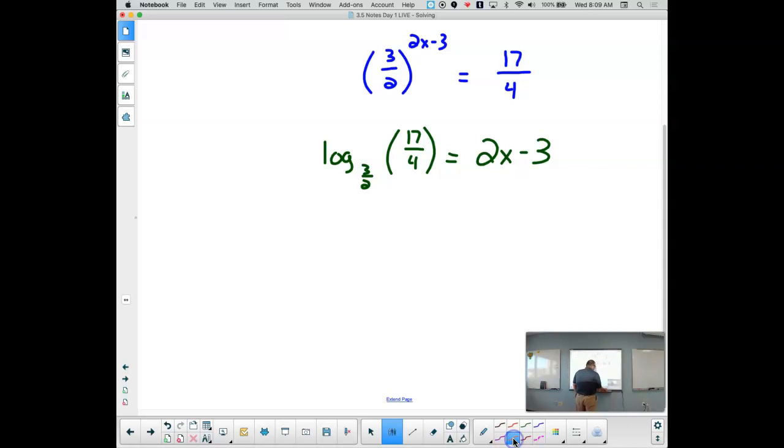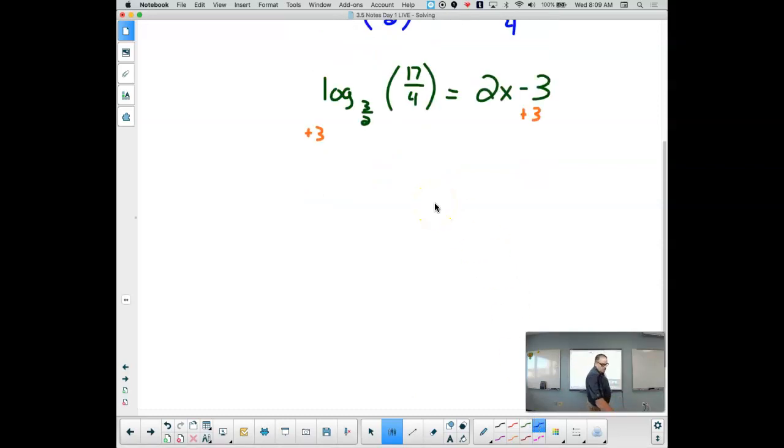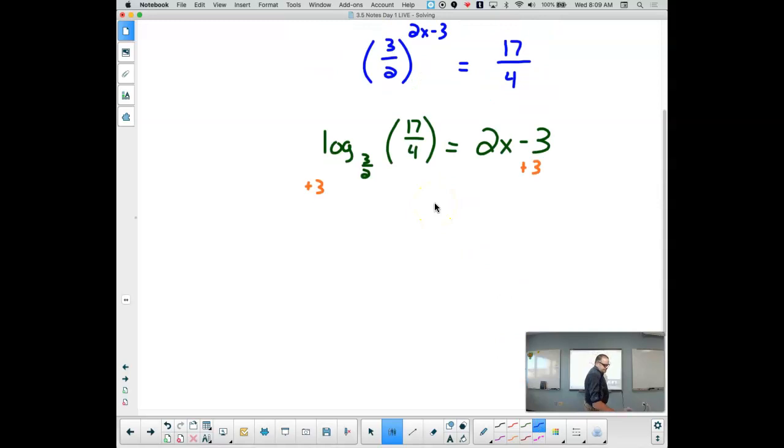First off, we're going to add 3 first. So that's going to give us 3 plus log base 3/2 of 17/4 equals 2x.